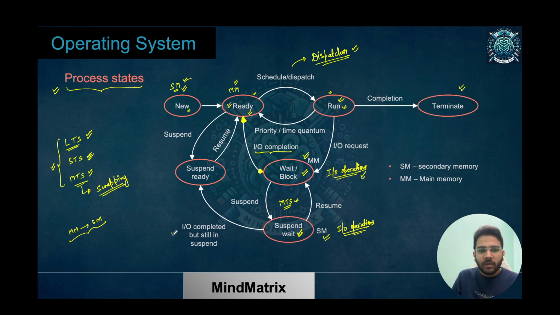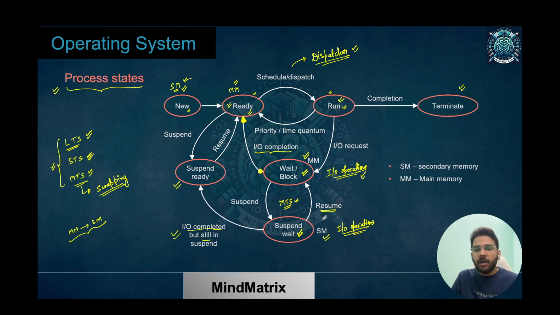And then here you can see when input output is completed but still it is in suspend mode, so it is going to go to the suspend ready. So from suspend wait, either it can go back to the wait or block state, if there is space in the main memory.